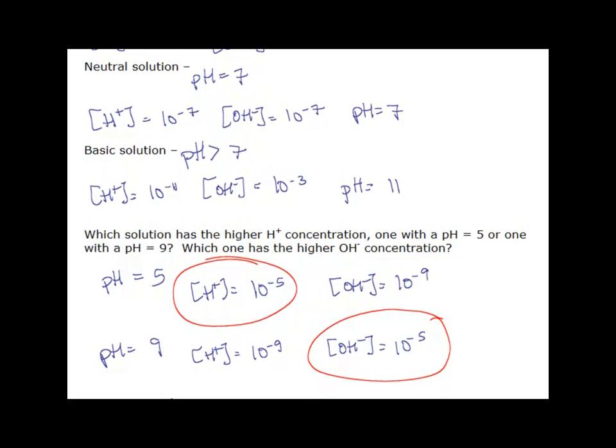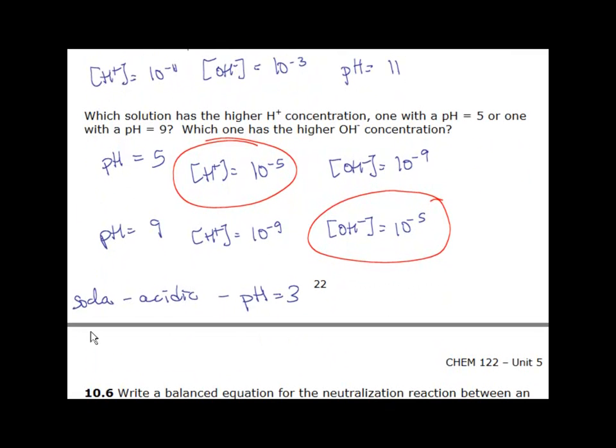Water has a pH of about 7, so I think, well, that just means that soda is 7 minus 3. Soda is 4 times as acidic as water. So it's really not that bad for me.